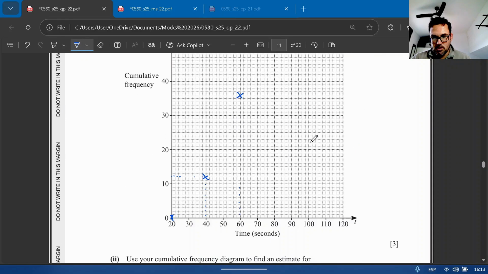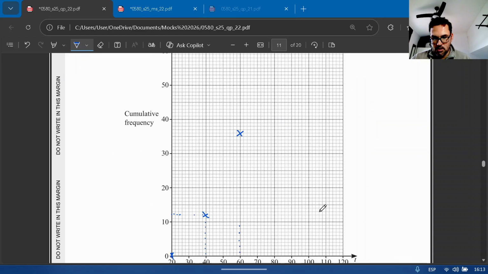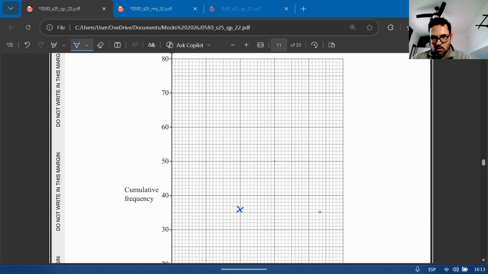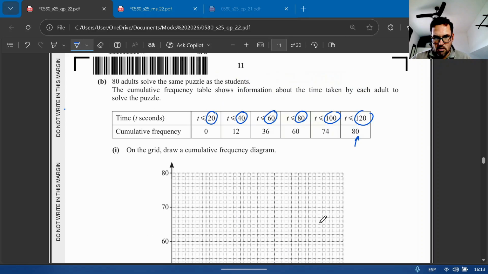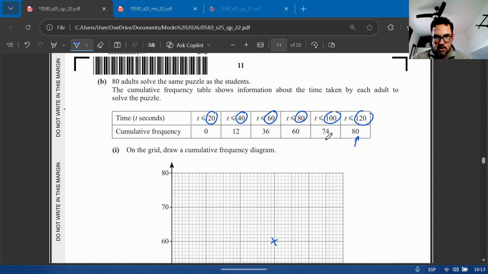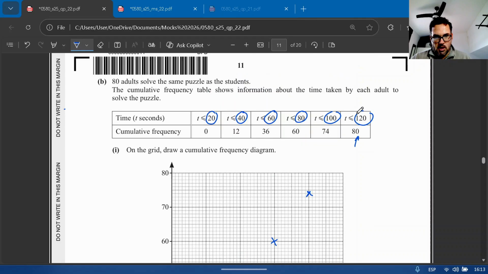Then 60 and 80. So 80 is over here. Time is 80, cumulative frequency is 60. Then 74 and 100. So this is 100, 71, 72, 73, 74. And 120 and 80.